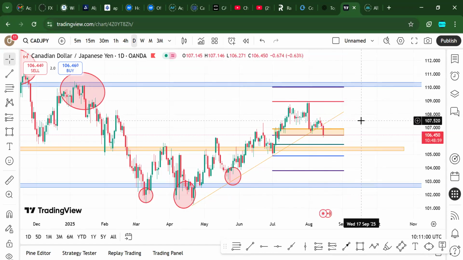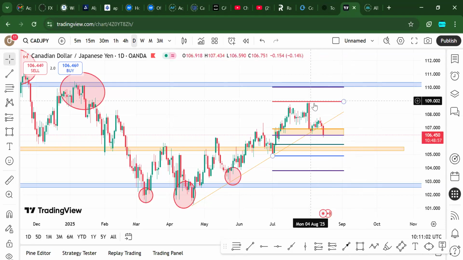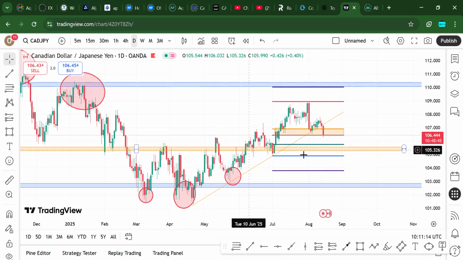Now the market is likely to do one of two things. It is currently coming downwards. It either breaks out of this Fibonacci retracement golden zone and comes back to make another touch of the neckline of the initial inverse head and shoulder pattern and then continues upwards.